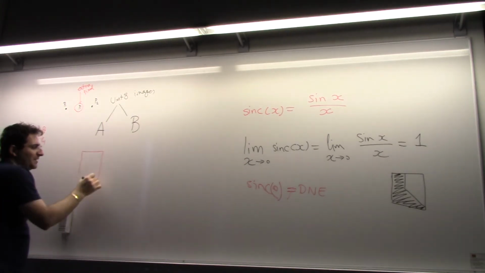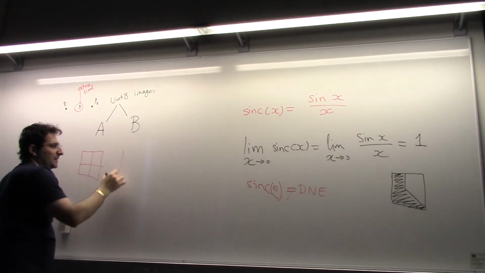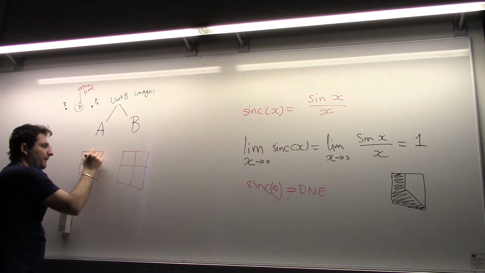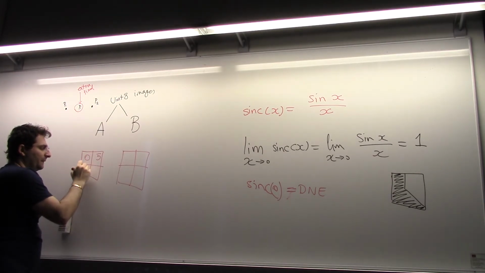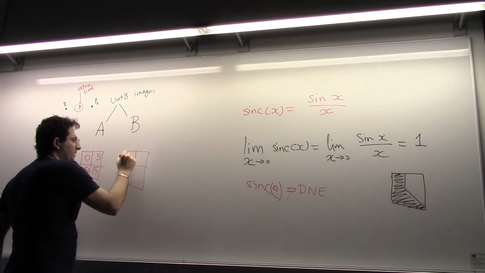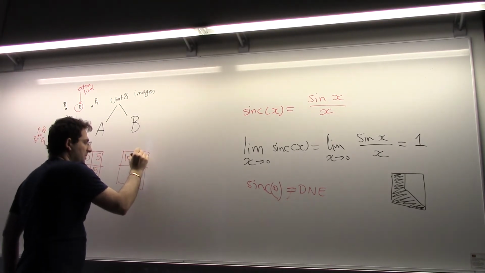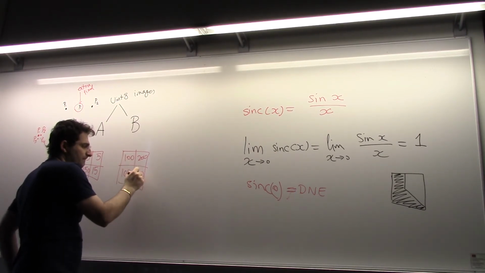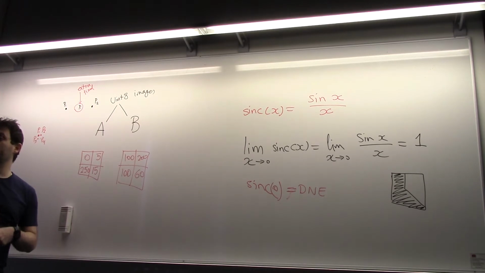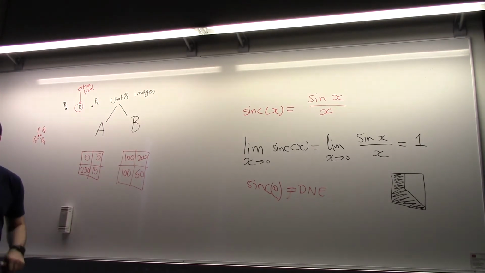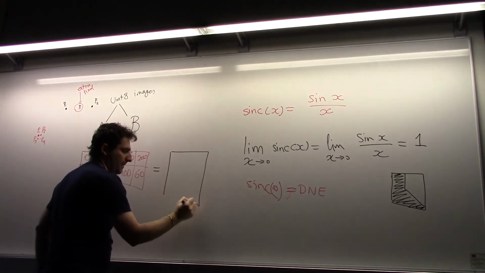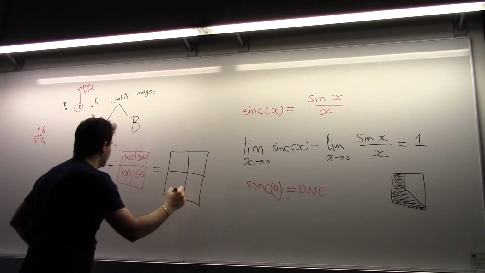Now, imagine that this image has only 4 pixels: 0, 5, 250, and 15, and 100, 200, 100, and 60. And for some operation, what we want to do is add these two.